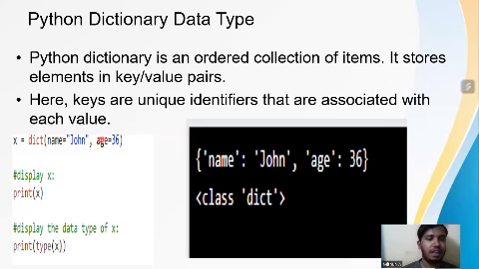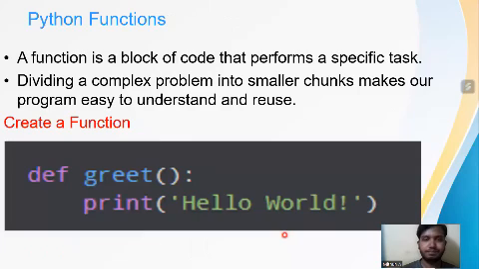Here also age is a key and 36 is the value. On printing, we obtain this output. To determine the data type, it is dictionary.